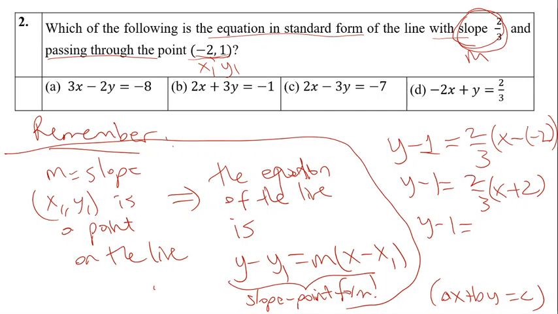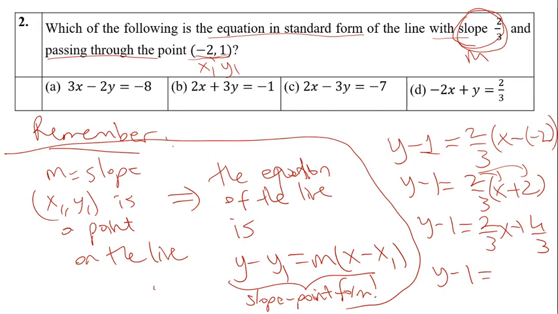You can distribute, and you can have y minus 1 equal to 2x plus 4 over 3.